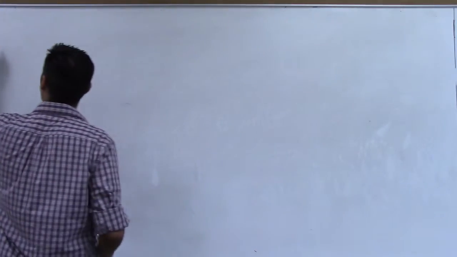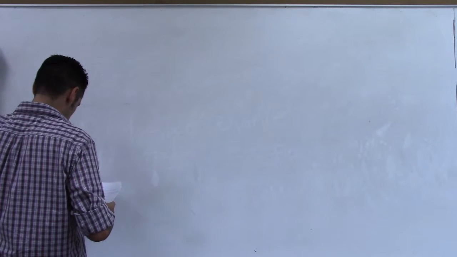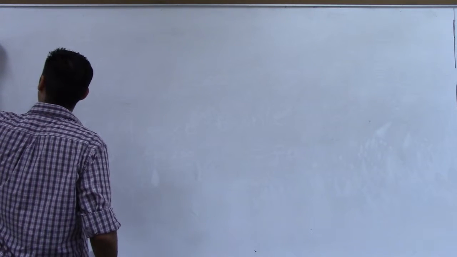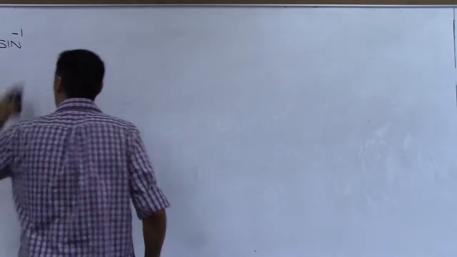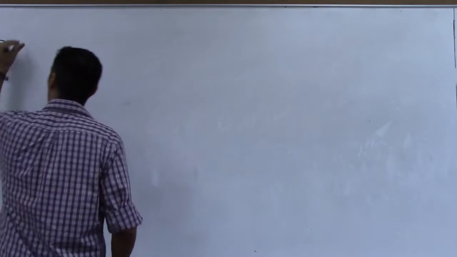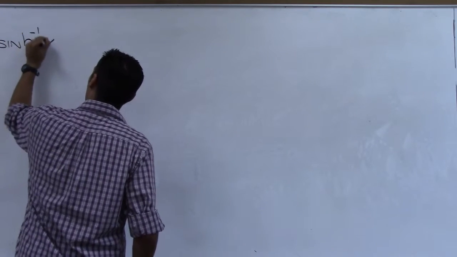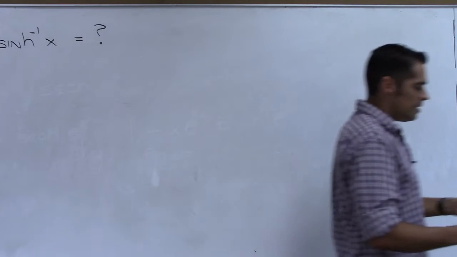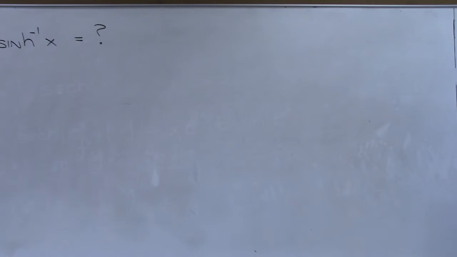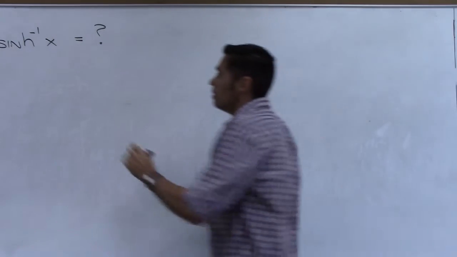So I'm going to start here with, I'm asking myself, what is sine hyperbolic inverse of x? Okay, that's what I want to know, right? And at the end of the day, I should have natural log x plus square root blah, blah, blah. So here's what I'm going to do, and just see if you follow me or not.